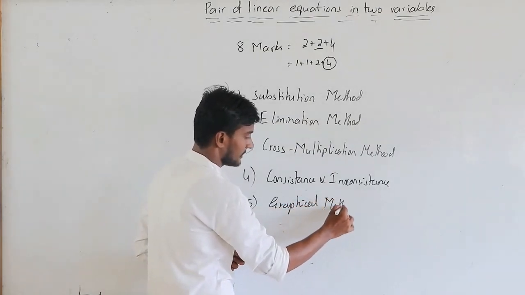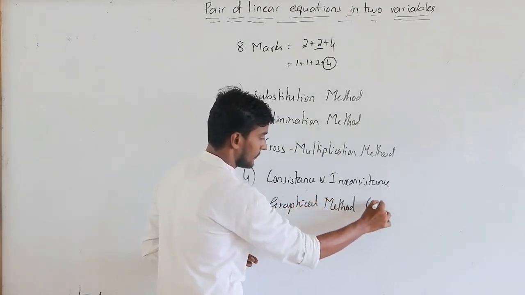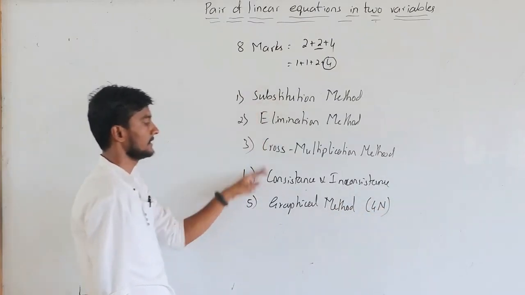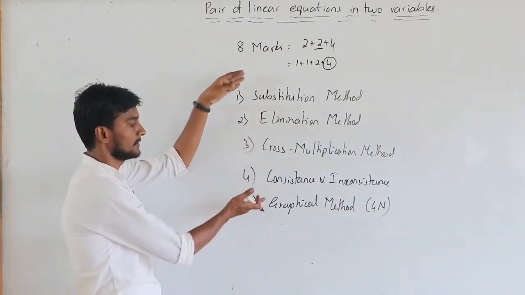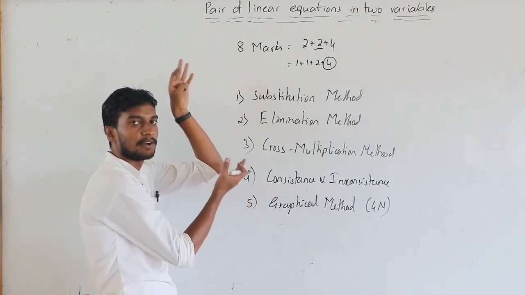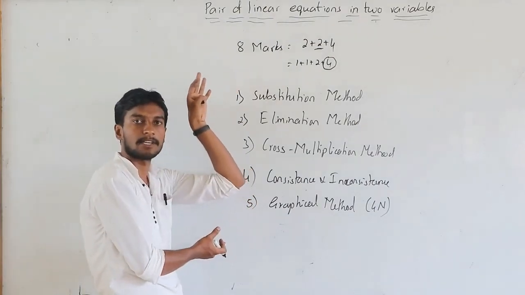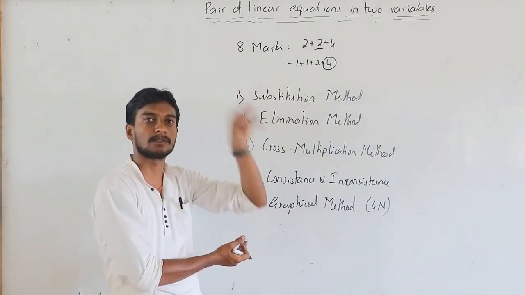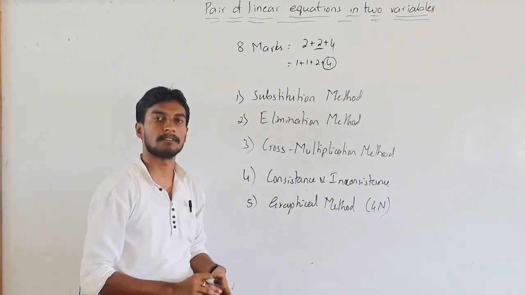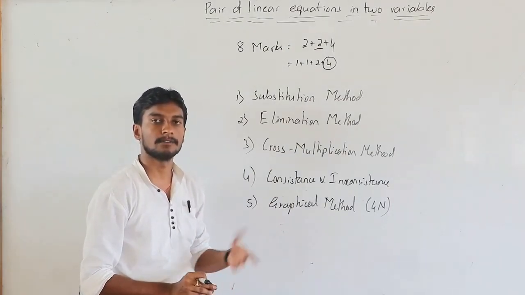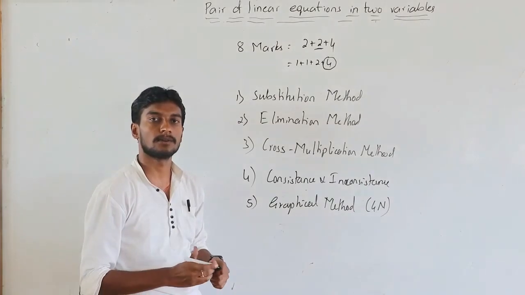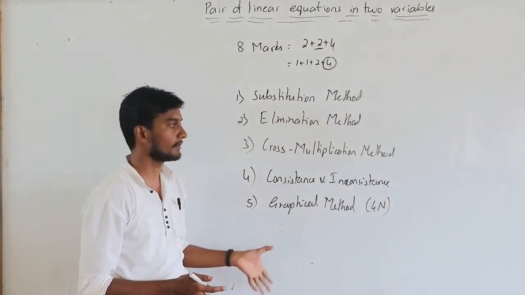This graphical method you are getting definitely for 4 marks, and these are for 2 marks. You have studied 3 conditions: a1 by a2 is equal to b1 by b2 is not equal to c1 by c2; second, a1 by a2 is not equal to b1 by b2; third, a1 by a2 is equal to b1 by b2 is equal to c1 by c2.